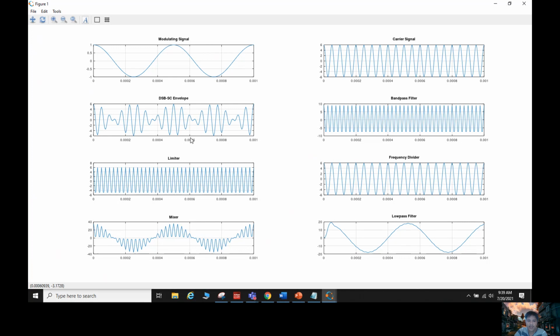What I am trying to tell is, first we have the modulating signal. The process is that our input signal is carried on our carrier signal here. Then when these are combined, this DSB-SC envelope is produced.